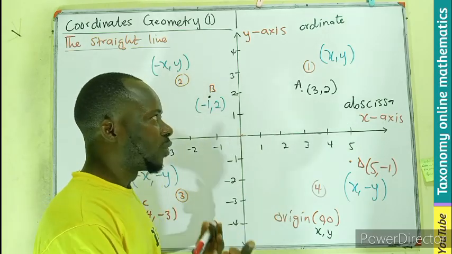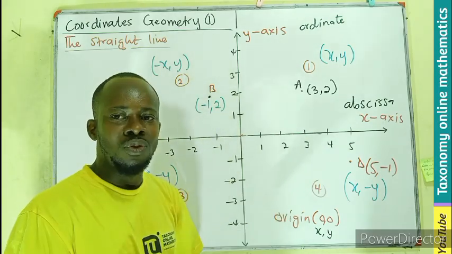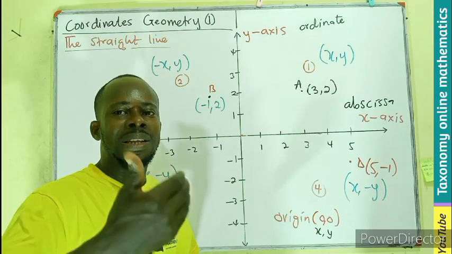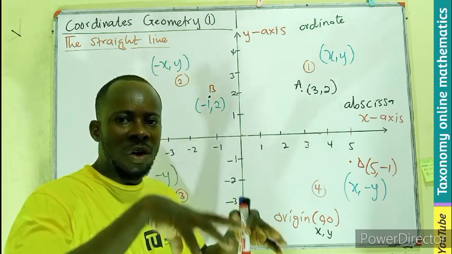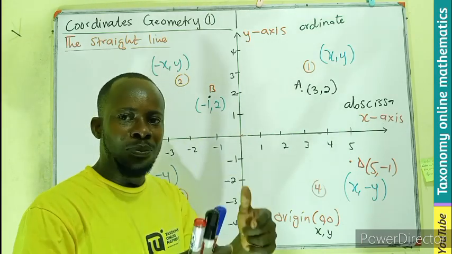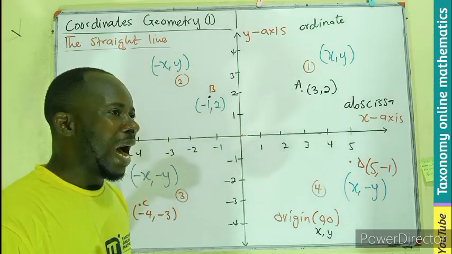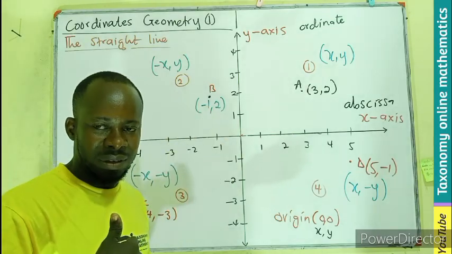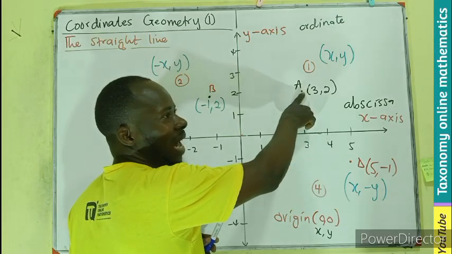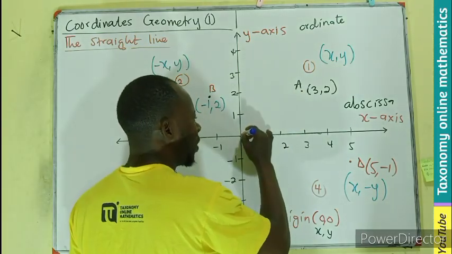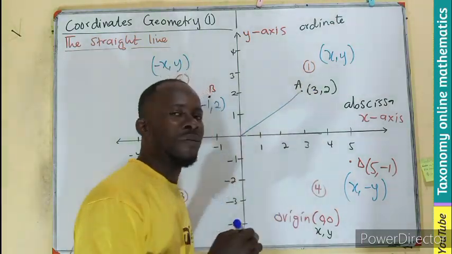So this episode is to introduce us to the coordinates of the Cartesian plane, how we can locate various points on the Cartesian plane. The next episode, we'll be looking at how we can find the distance. When I mentioned that a house is at A, I want to know the distance that I will travel.